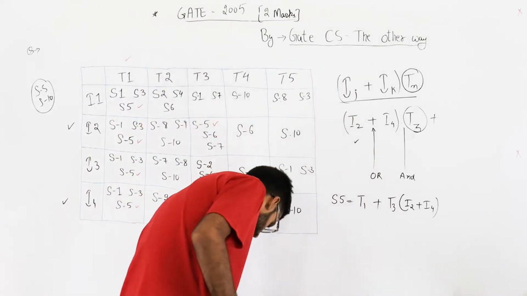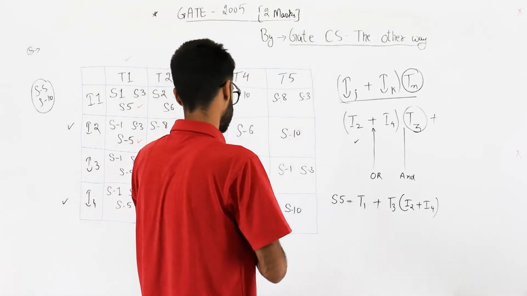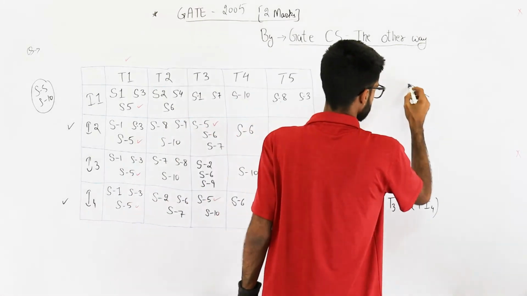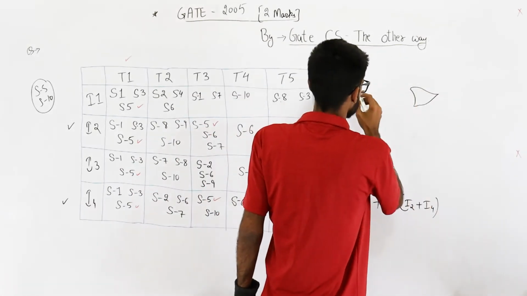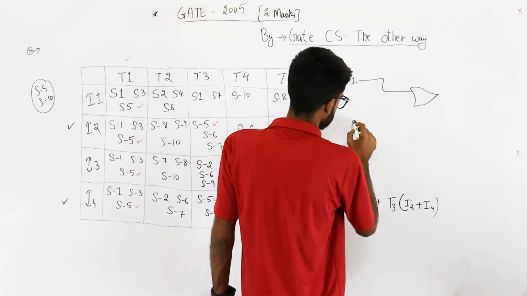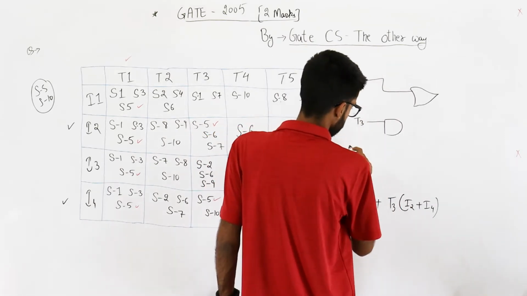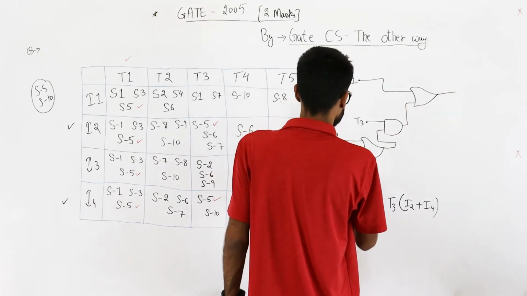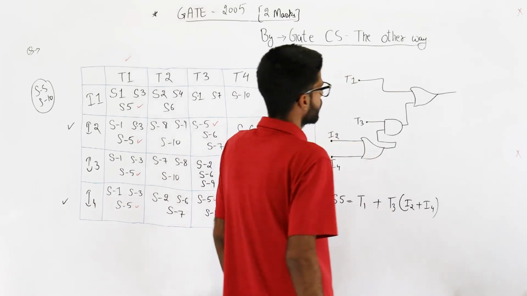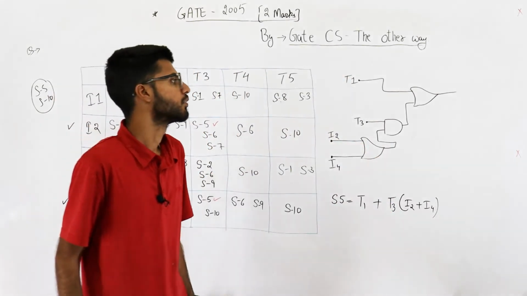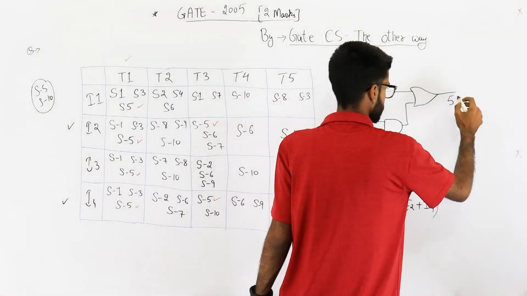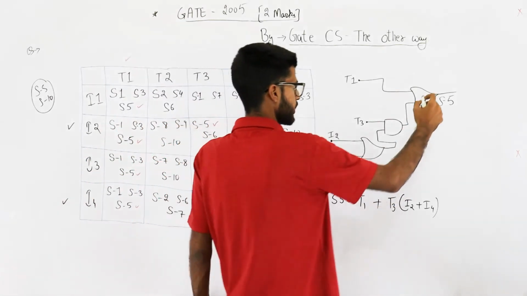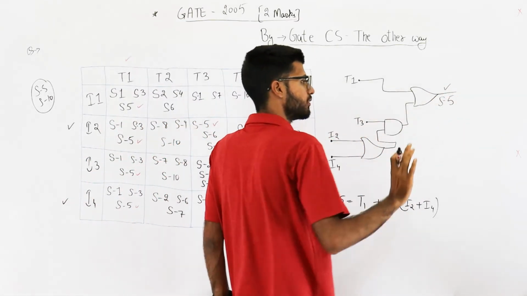Let me draw the circuit. So this is your circuit for S5. Whenever this output is 1, S5 will be high.